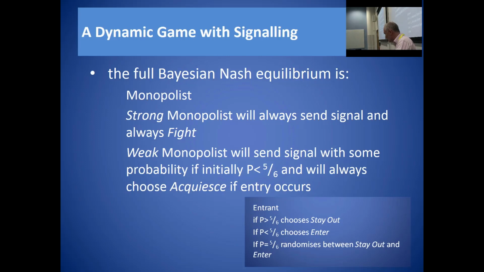It will only want to send the signal to update the value of P if that crucial value is less than 5 over 6. If P, the probability that the entrant thinks the monopolist is strong, is greater than 5 over 6, it doesn't need to send the signal, because the entrant already believes that the monopolist is strong. It's only when it believes it's weak that there's anything to be gained from sending that signal.